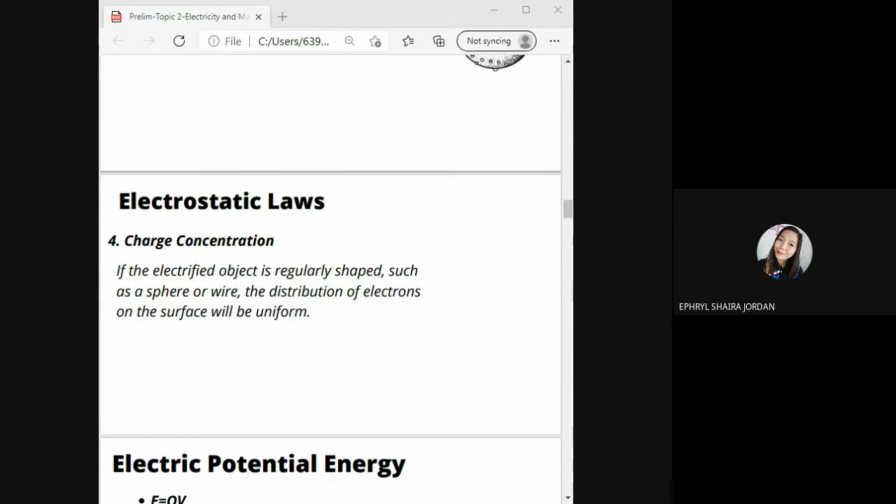On the other hand, if the surface is irregularly shaped, for example it has a point as in an electrified cattle prod or a microfocus field emission X-ray tube, electrons will be concentrated at the sharpest region of curvature.